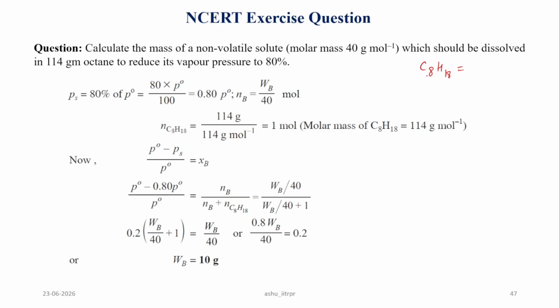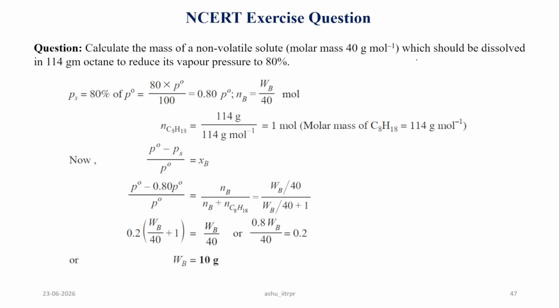When you calculate its molar mass, it would be 12 into 8, that means 96, plus 18, so it would come out to be 114 u. So molar mass and given mass are the same, that means the number of moles of octane is 1.